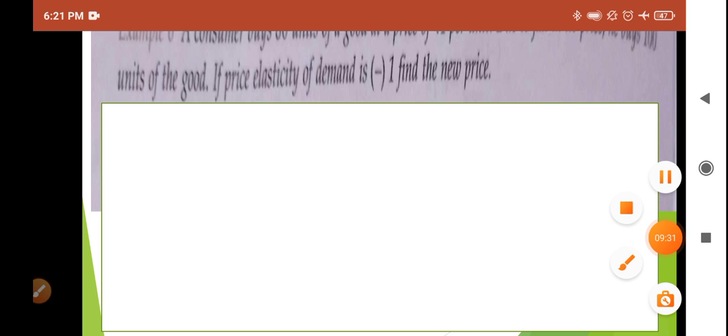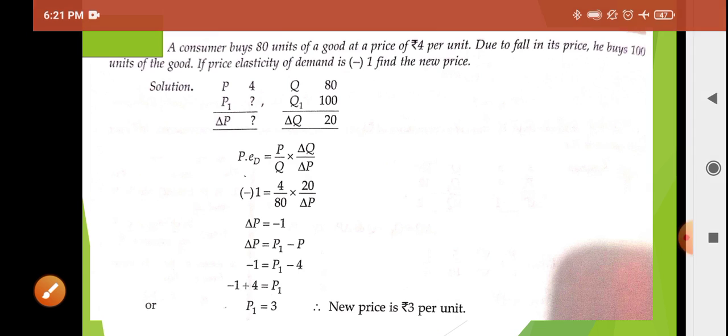Okay, what is the question? He buys 80 units when the price is 4.